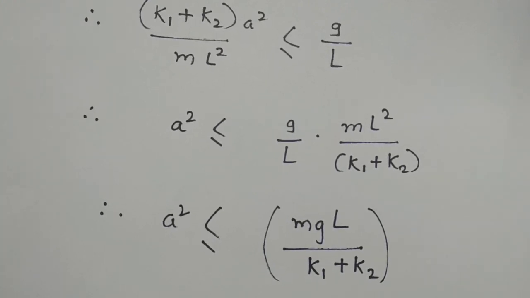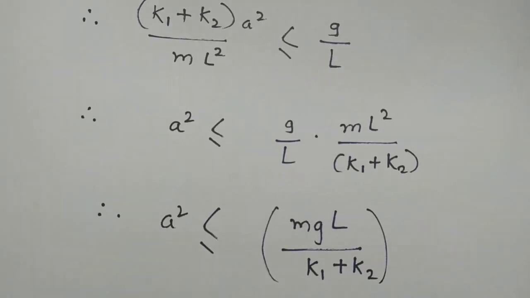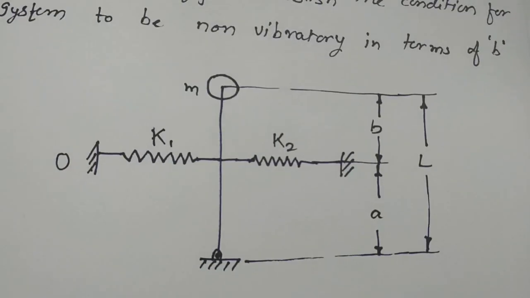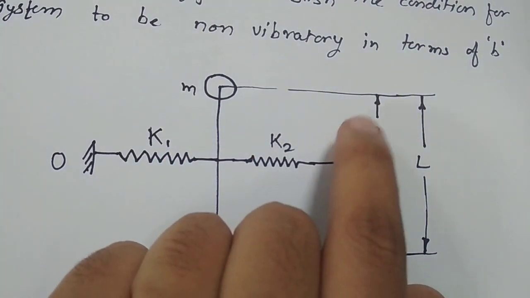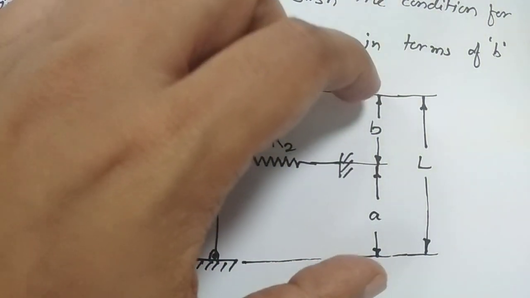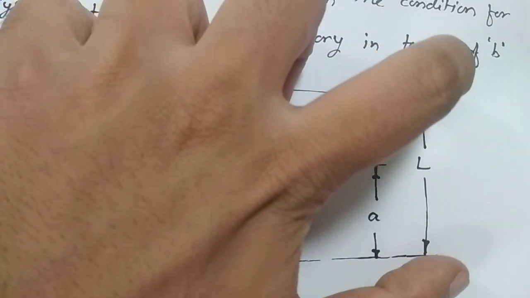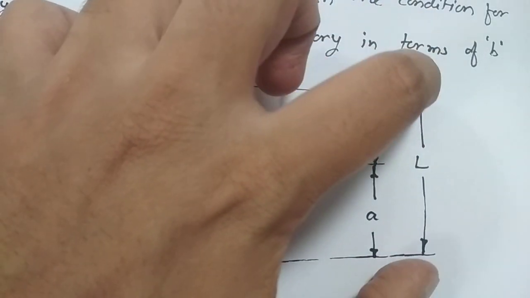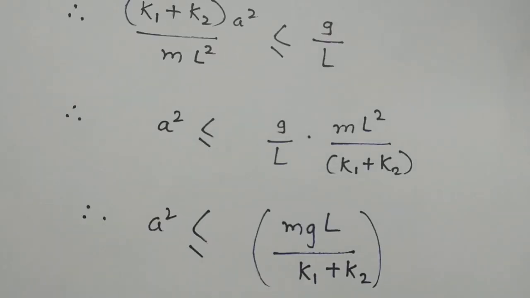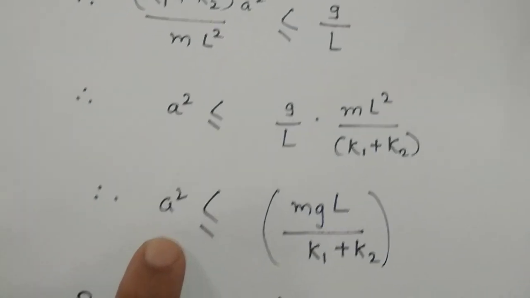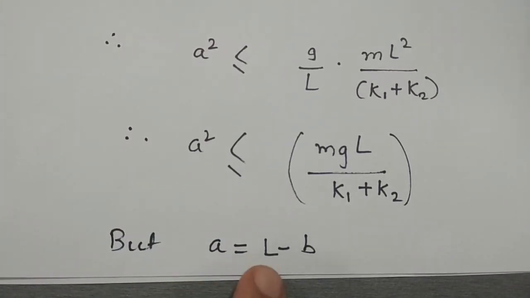But what we derived is not correlating with b. For that, we will go back to the numerical. What we have to find is the non-vibratory condition in terms of this b. What is b? This b is the portion where L minus a, that is b. So we can write a in terms of b: a is equal to L minus b.